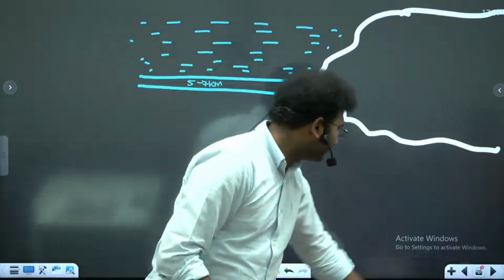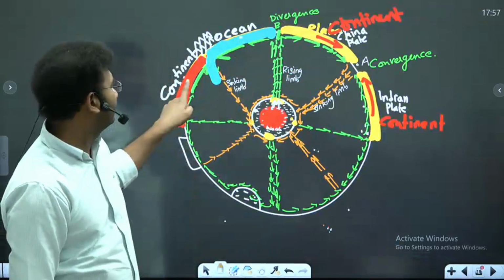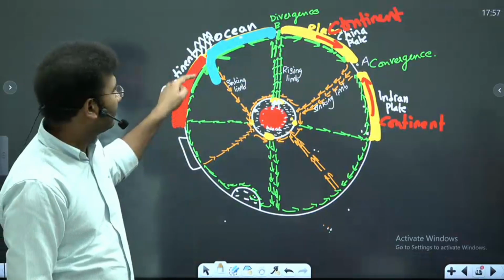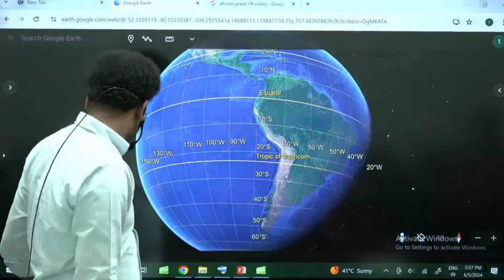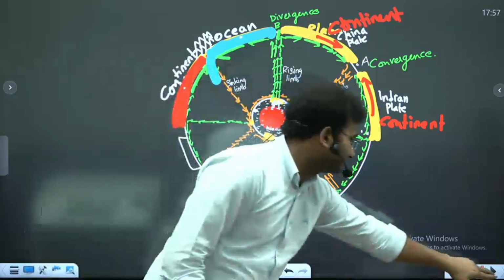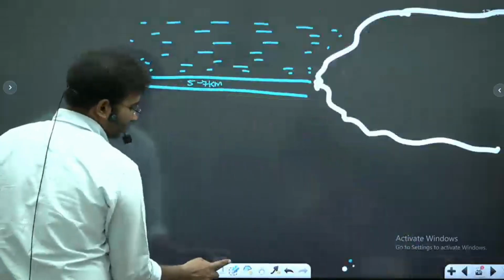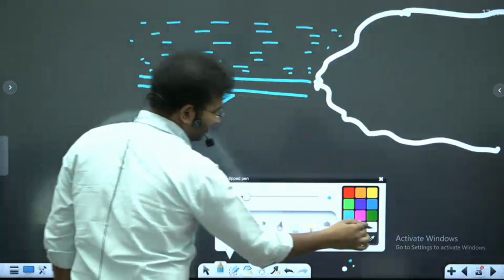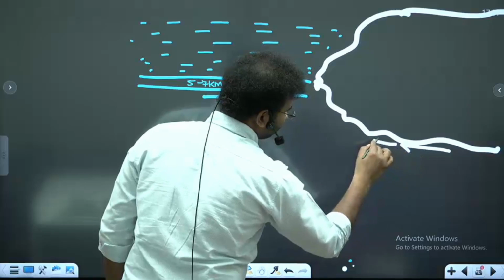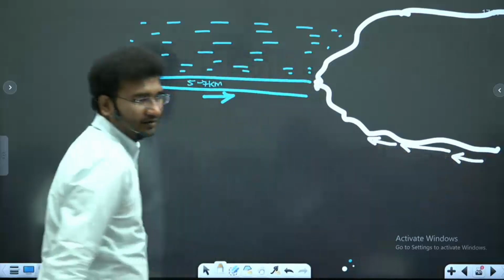Let's see this also. I am explaining you ocean and continent. What's happening? Sinking. Let's see. Your ocean is also moving in this direction and your continent is also moving in this direction. Why are they moving?